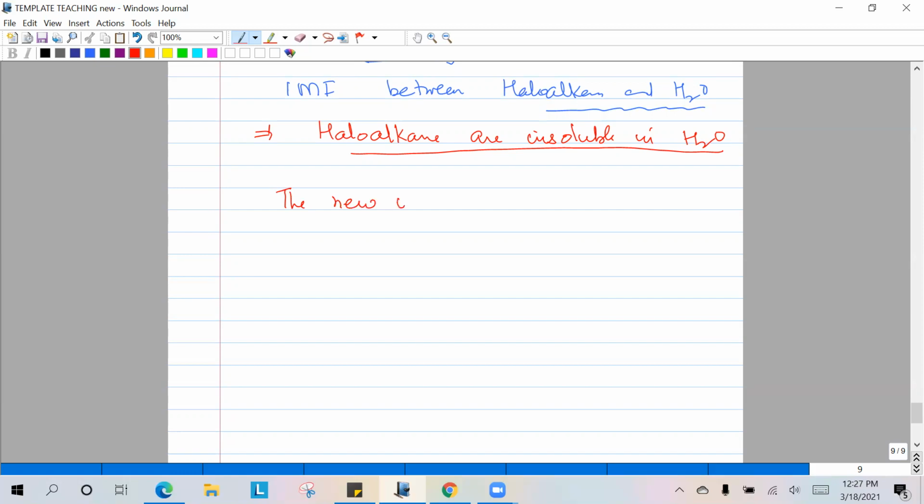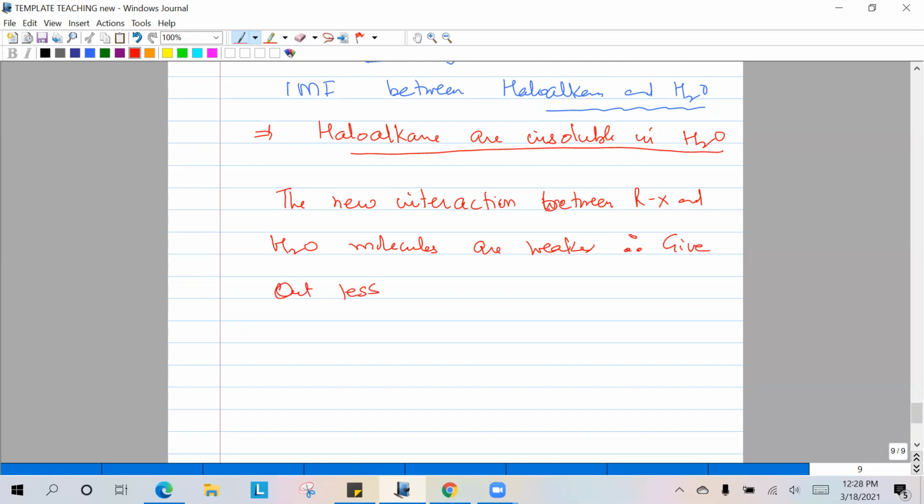the new interactions, I will explain it, but I'm writing it first. The new interactions between the Rx and water molecules are weaker, therefore give out less energy. Remember, when the interactions or bonding takes place, they give out energy.